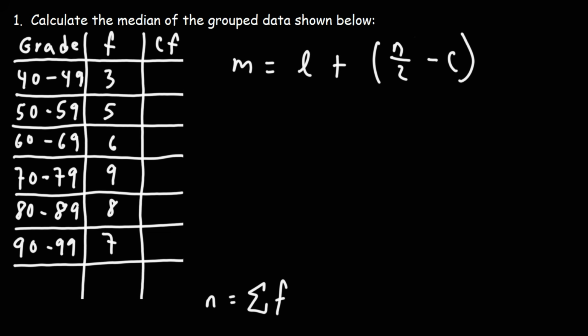C is the cumulative frequency of the preceding class with respect to the median class. F is the frequency of the median class. And H is the width or the size of that class, or the size of the intervals.